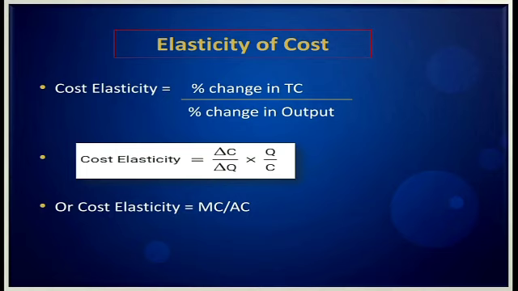That is delta C divided by delta Q into Q divided by C. It can also be represented as a ratio between marginal cost and average cost. Symbolically, elasticity of cost is equal to marginal cost divided by average cost. That is MC divided by AC.